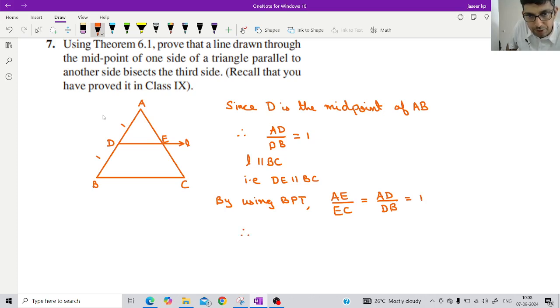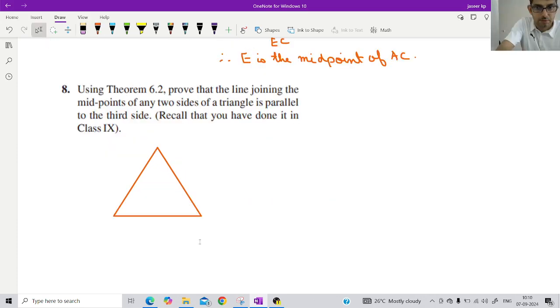So therefore AE by EC equals 1, that means this ratio is 1:1. So the conclusion is that E is the midpoint of AC. That is what we have to prove.